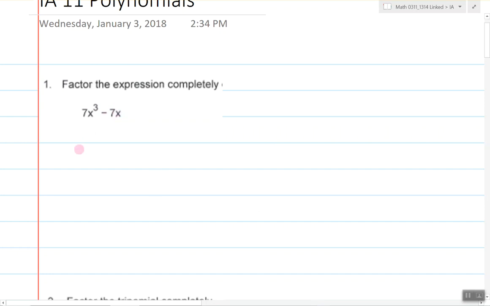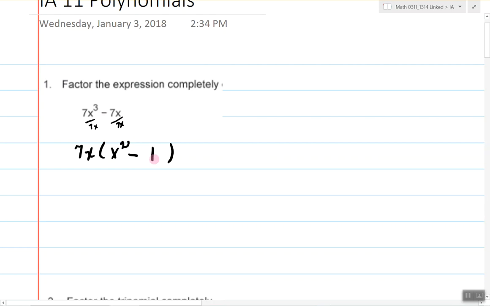So I'm going to factor out 7x, divide by 7x, divide by 7x. You may not need to write that down. You might could see that in your head. 7x goes in there, x squared times, keep the minus sign. 7x goes into 7x one time.